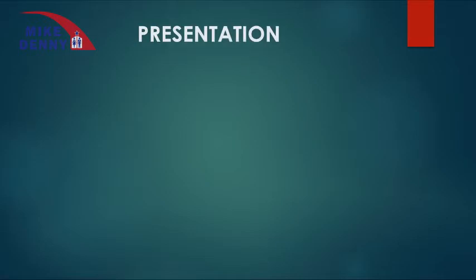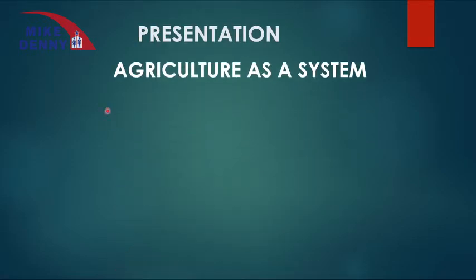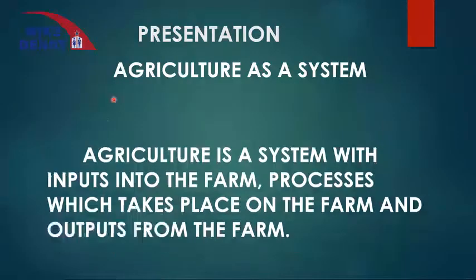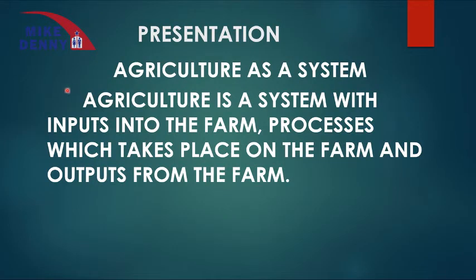So coming to the lesson of today, let's talk about agriculture as a system. Like I said before, a system consists of components or things which act as parts to make it a whole. And whenever we say a system, it means it consists of inputs, processes, and therefore output.